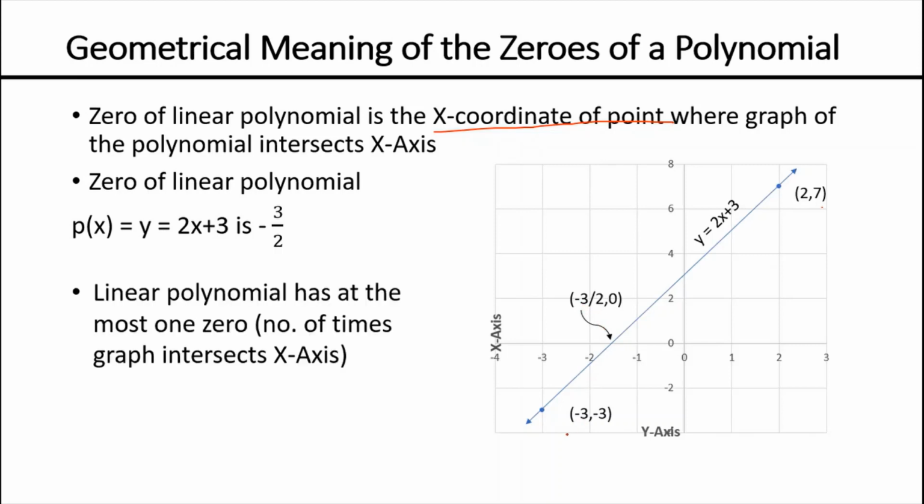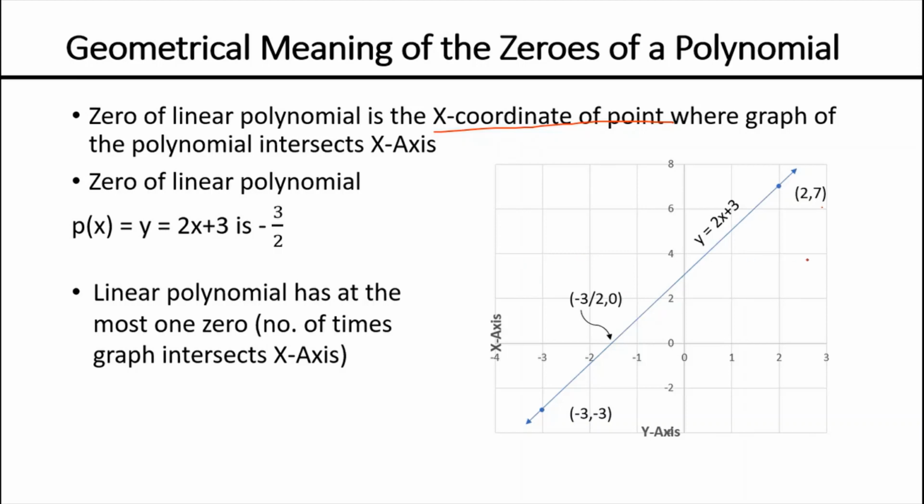From this example, we can also note that there is at most 1 zero of a linear polynomial. This line by chance is intersecting the x-axis, but there are numerous other lines parallel to the x-axis which will never intersect it, such as y = 2, y = 4.